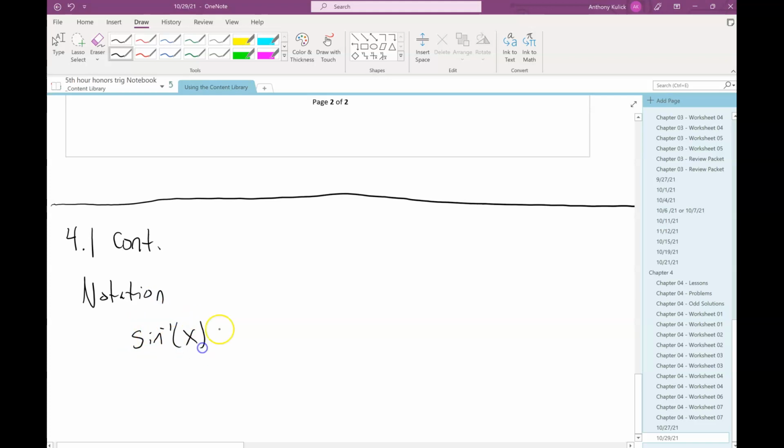So we define this function like sine inverse, right? You guys remember doing that last time. There's another notation that we can use that means the same thing, that says arc sine. It's an older notation.